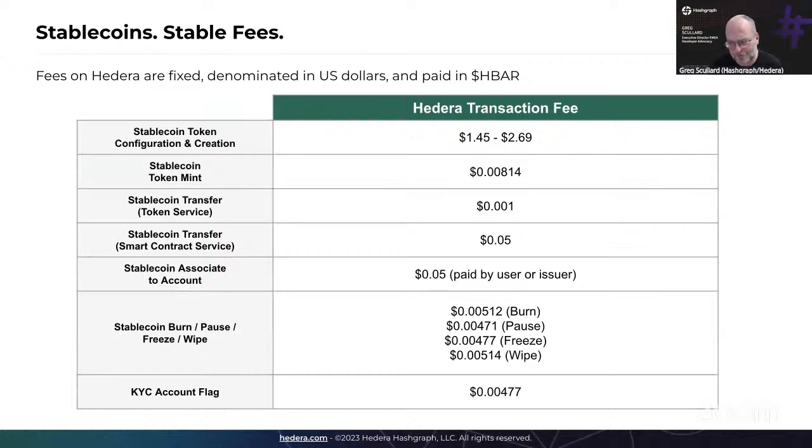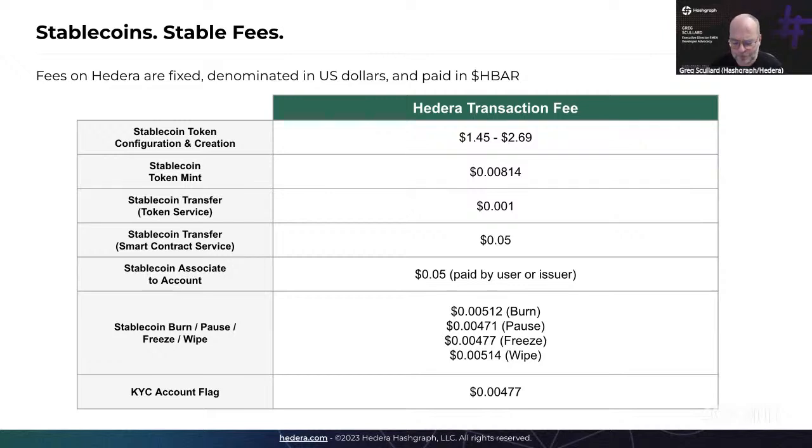I've mentioned a number of times already that the fees for transacting stablecoins on the Hedera network are very low, and we can see it here at 1/100th of a US dollar, 1,000. I always forget 1,000th of a US dollar. One of the features of the Hedera network is that transaction fees are expressed in US dollars.